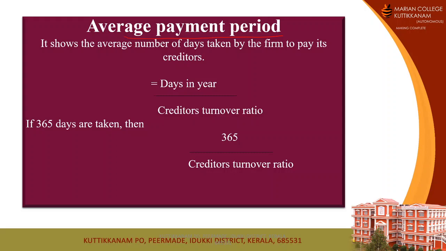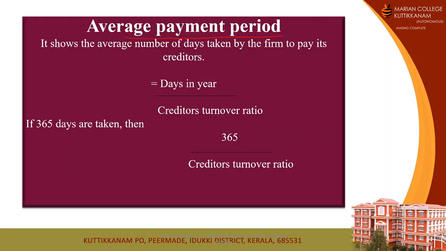Generally, lower the ratio, better is the liquidity position of the firm, and higher the ratio, less liquid is the position of the firm. But sometimes a higher payment period may be because of greater credit period enjoyed by the firm.